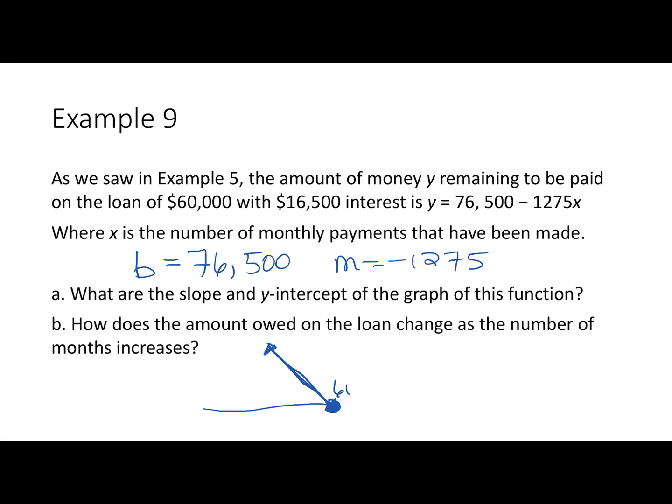And that happened at 60 months. At 60 months, we had a 0 balance. At 0 payments, we had the $76,500 balance.